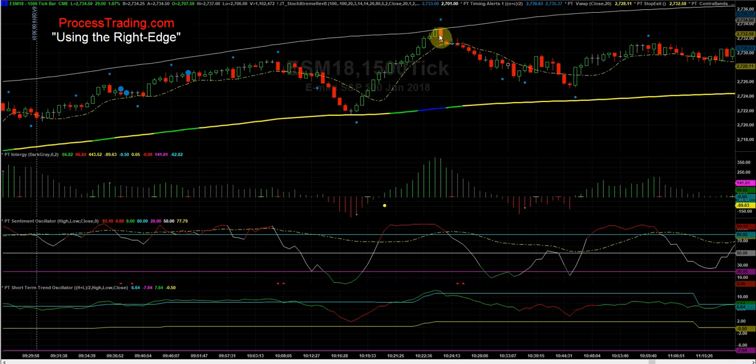Now you can see that you took this trade down to this point, and right here is where a bar of the opposite color touched the stop exit line, or actually crossed it a little bit.